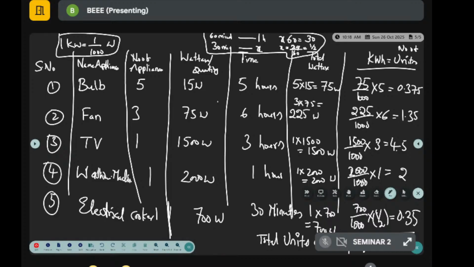So per day it is 8.575 is the total units consumed per day.